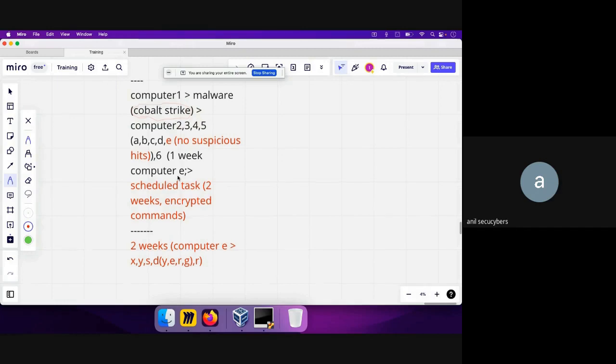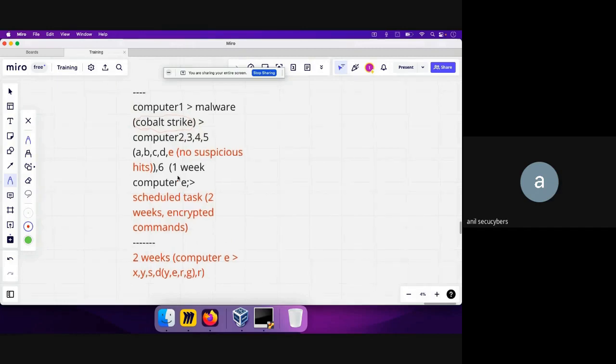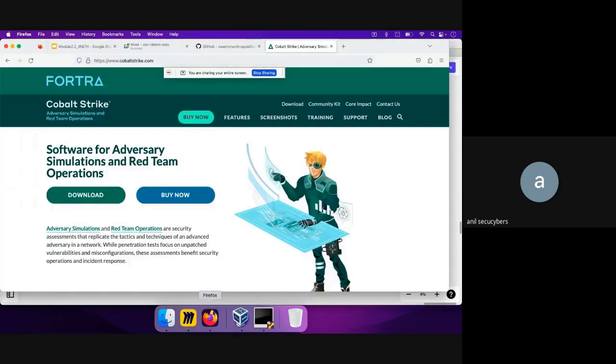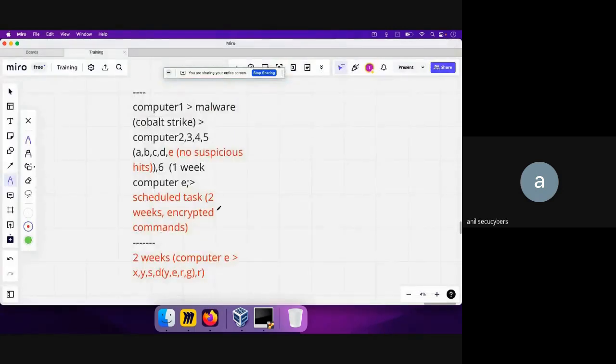Okay, so now guys, I was talking about Cobalt Strike. Even a script kiddie, a 10-year or 15-year-old kid, if they somehow download this software and execute it, let's say they somehow got hold of a computer, maybe there was a bug, or credentials were stolen, and the attacker got hold of a computer.